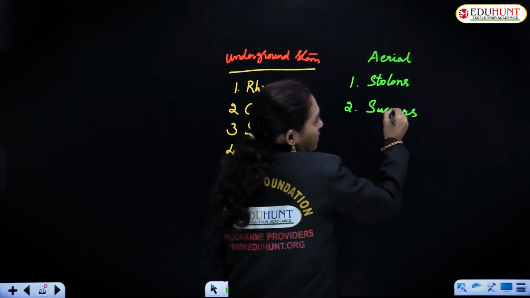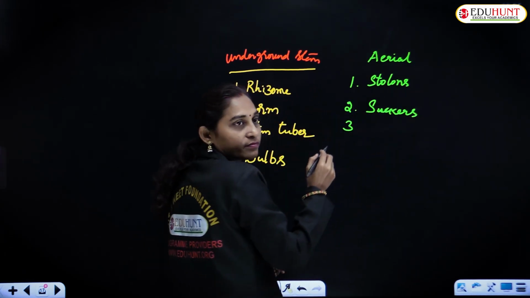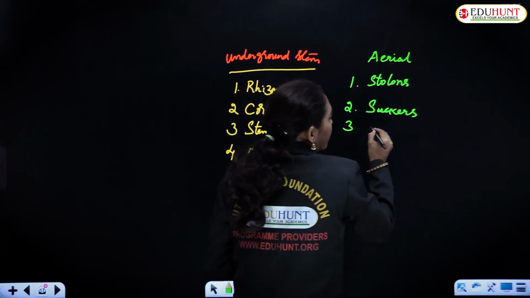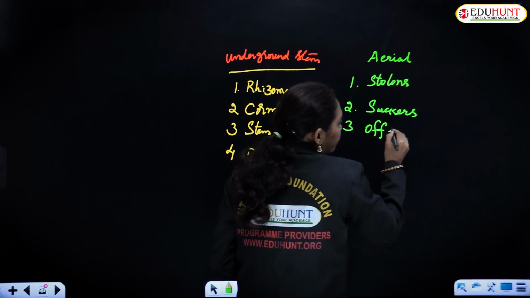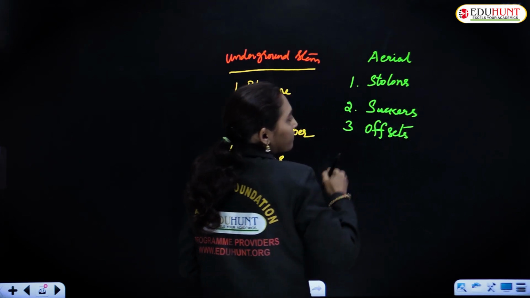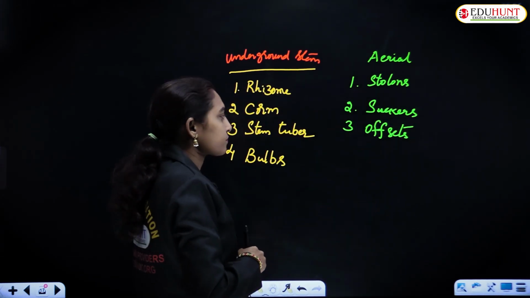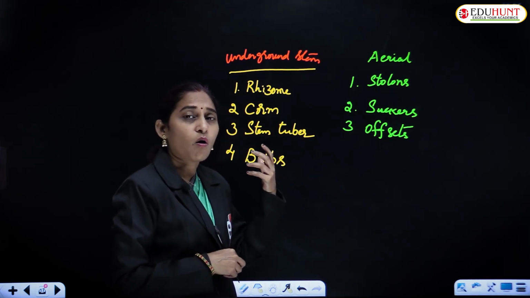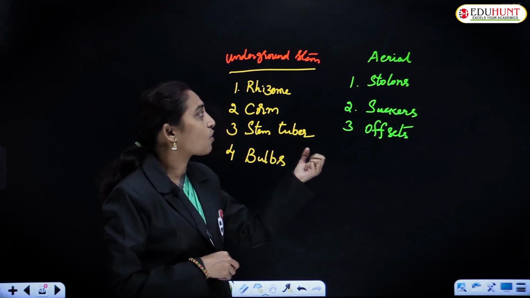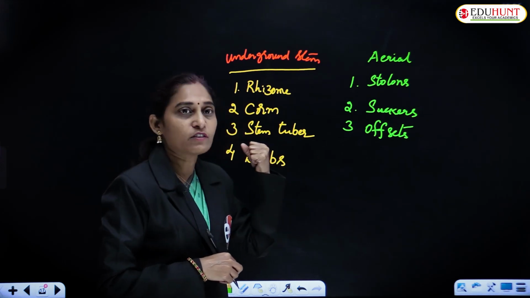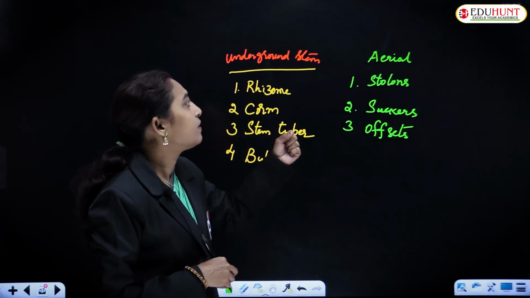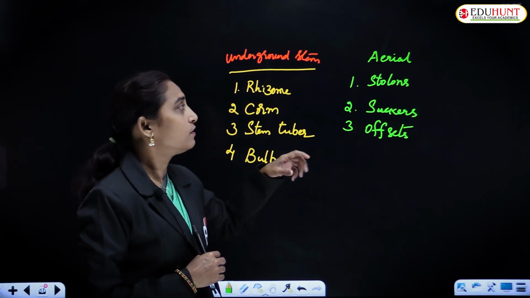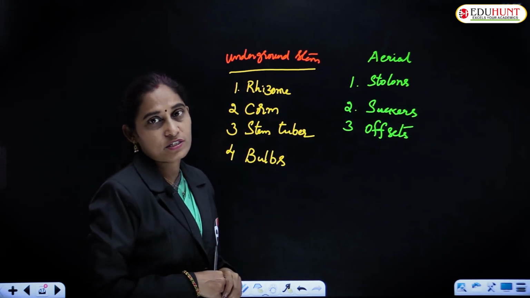Third, offsets. These are stolons, suckers, offsets, and all these vegetative modes are from aerial parts. Vegetative reproduction occurs from the aerial part of the stem.